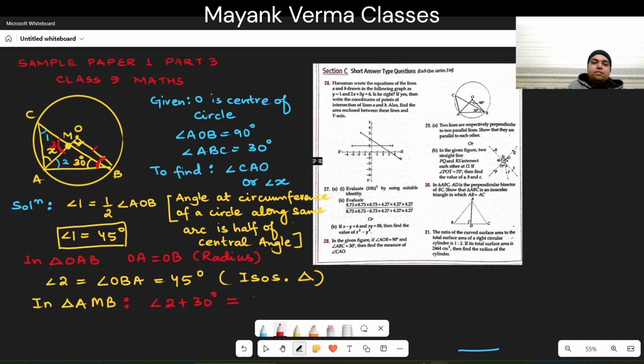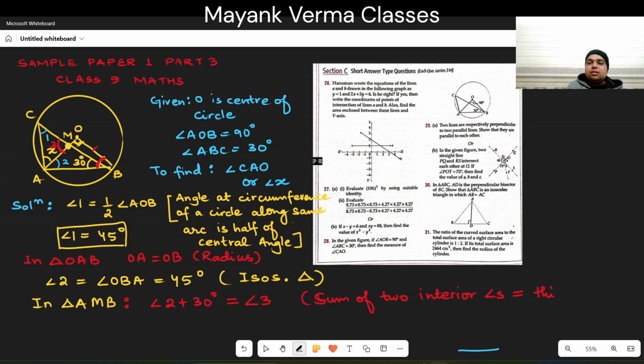So by the exterior angle property, we can write it fully: the sum of two interior angles is equal to the third exterior angle. So by using this, angle 3 will be equal to 45 plus 30 degrees, that is 75 degrees.